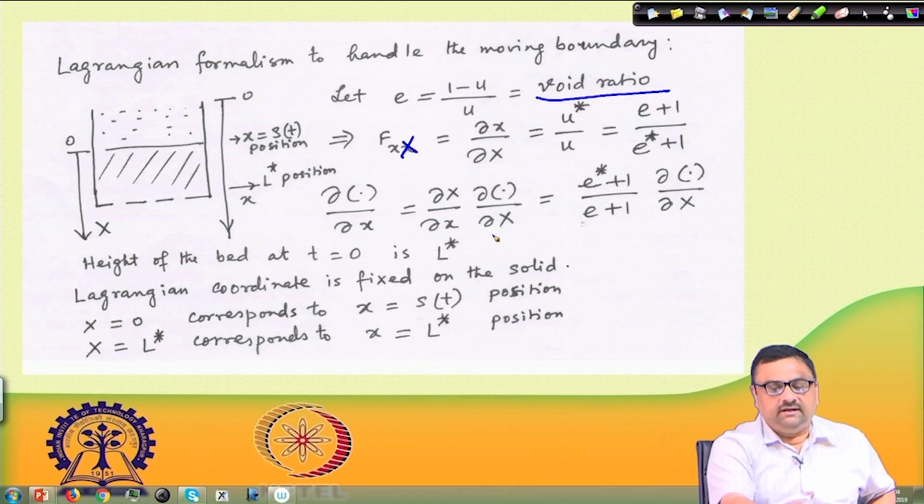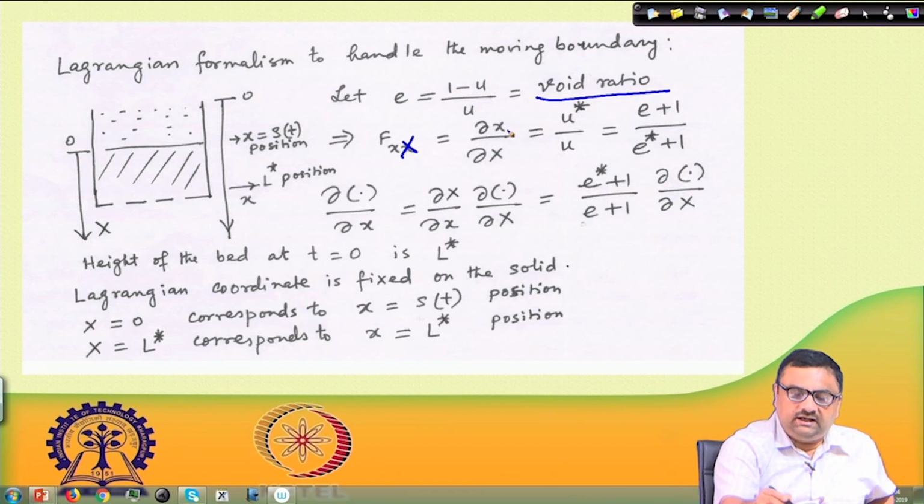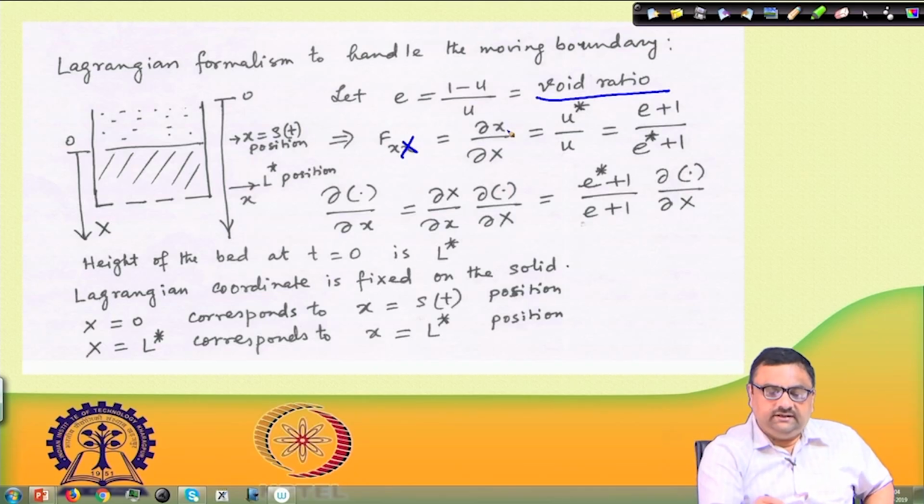So, we can split it into this, and then on top of that, since we saw del X del small x would be the reciprocal of this. So, this is (e star plus 1) divided by (e plus 1).